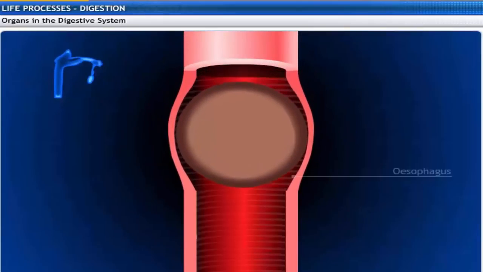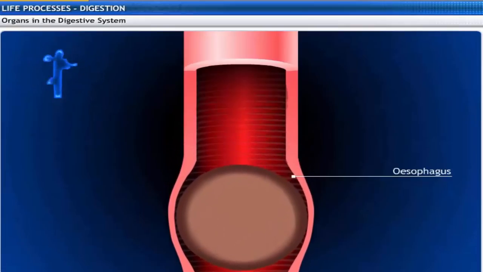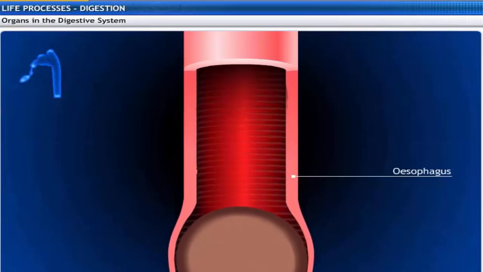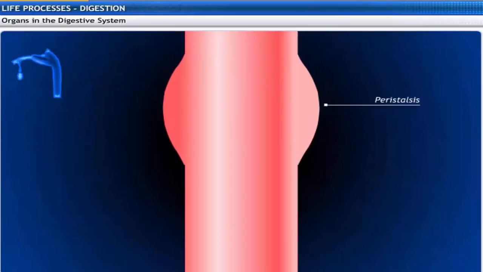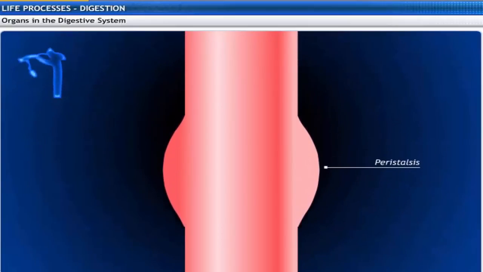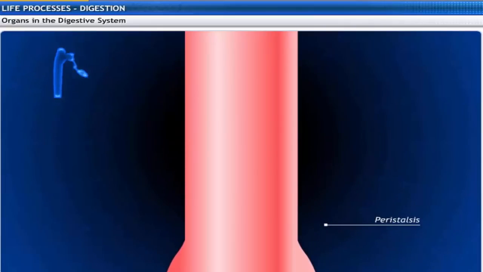The lining of the food canal has muscles that contract and expand rhythmically in order to push the food forward to the stomach. This series of muscular contractions is called peristalsis.